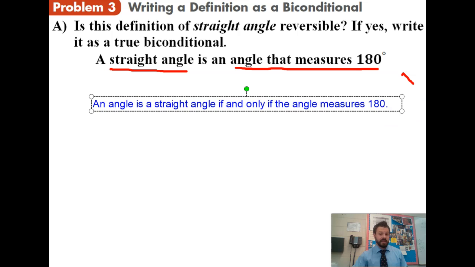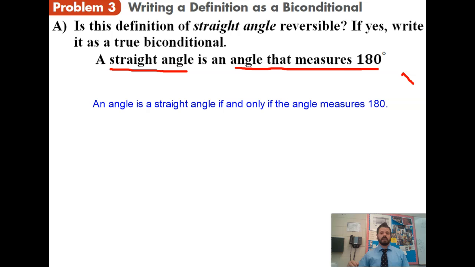Okay, or we could have done that backwards. We could have said an angle measures 180 degrees if and only if it's a straight angle. Remember, with the biconditional, it works in either direction. All right, that's part A. Once again, for part B, hit pause on the video, try to get the biconditional on your own, and then press play to check your work.